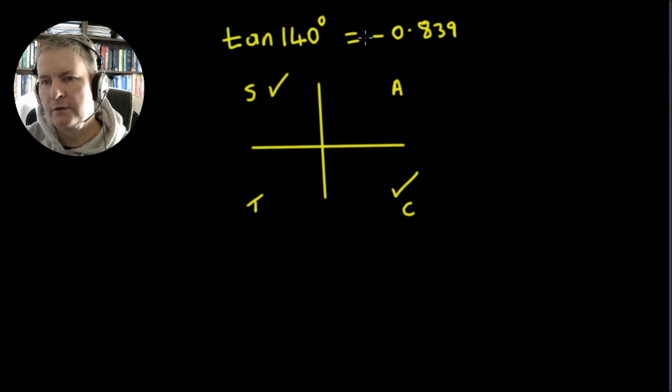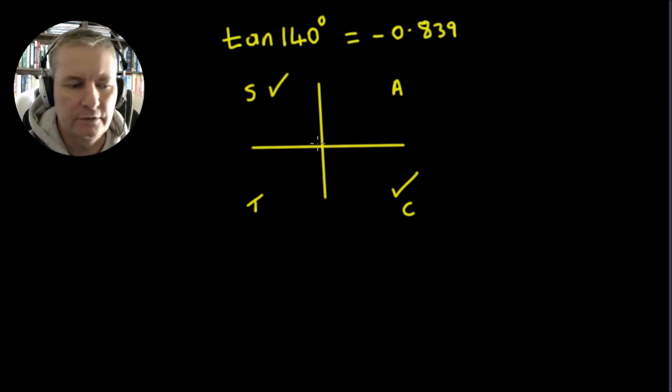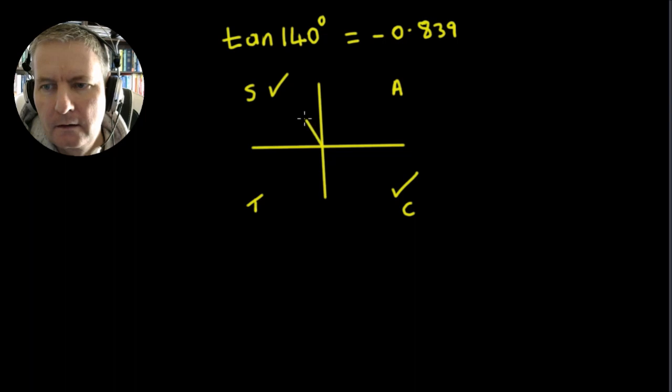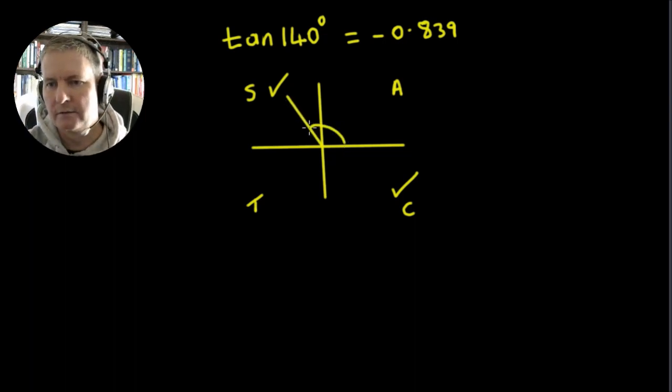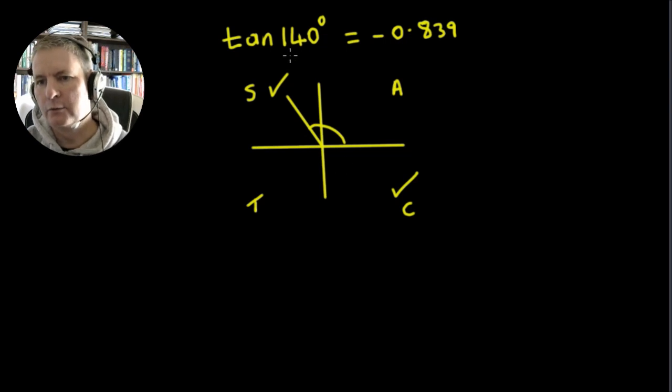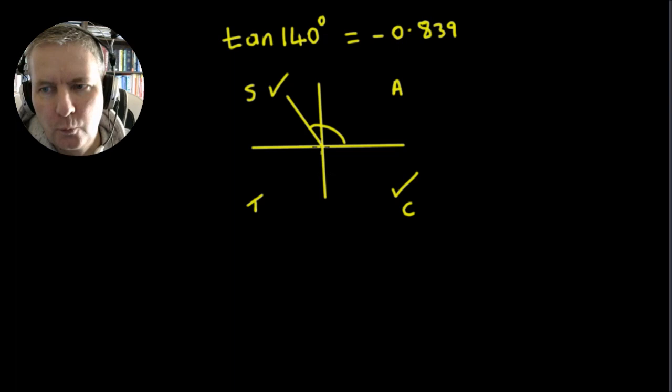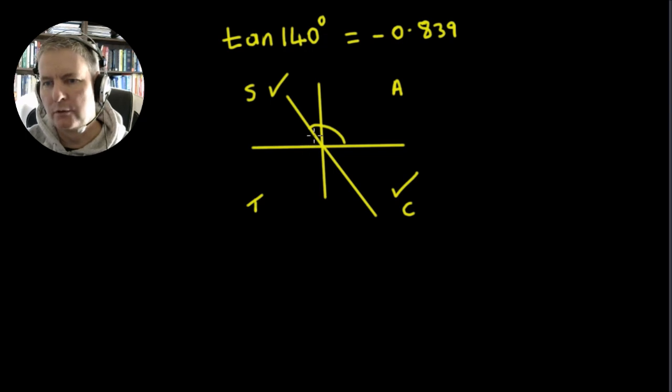So the first one here is 140 degrees, which is this quadrant. So that's our 140 degrees here. Now it's also going to be negative in this quadrant here, so we're going to add on 180 degrees onto it, so we're going to get 180 degrees added on.